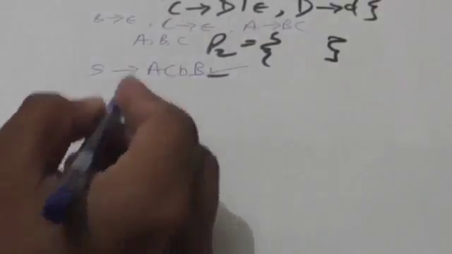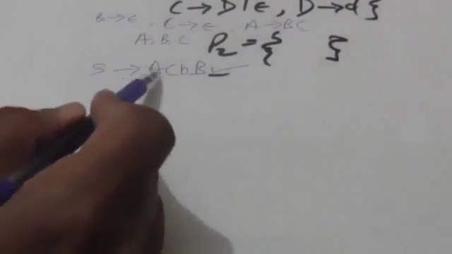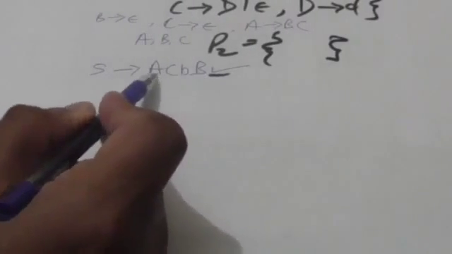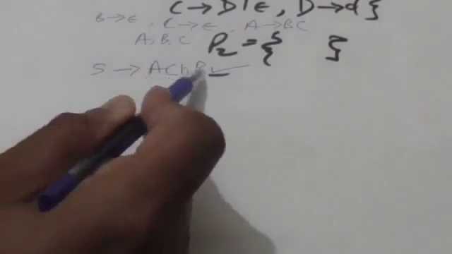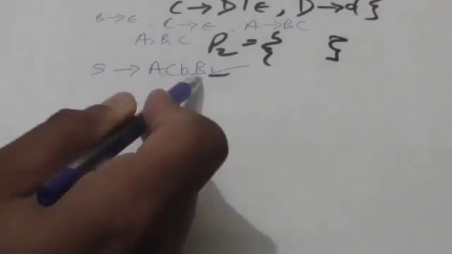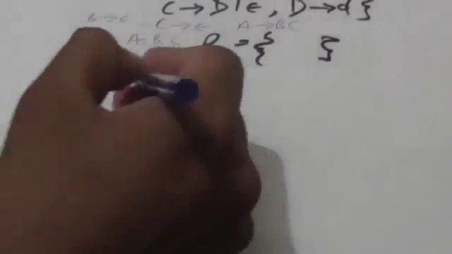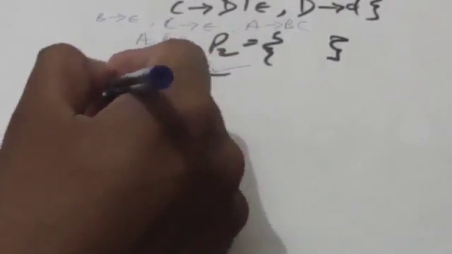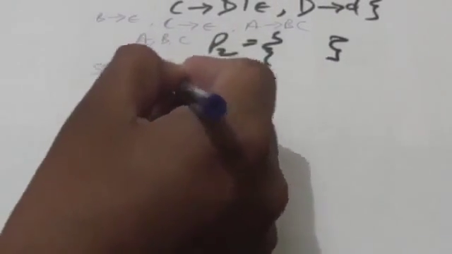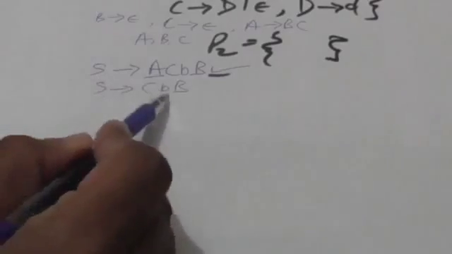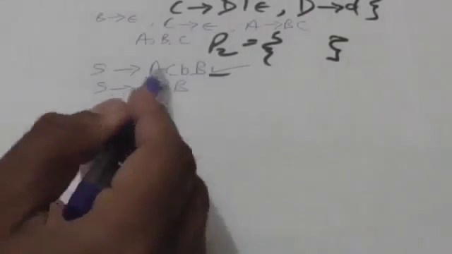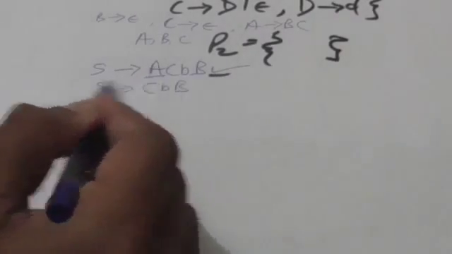So we will add this production to set P2. Now we have to add some other productions also, which will be obtained by deleting nullable variables from the right hand side of this production in any combination. So when I delete A, I will get S derives CBB. From the right hand side of this production I have deleted A, so I got this production.